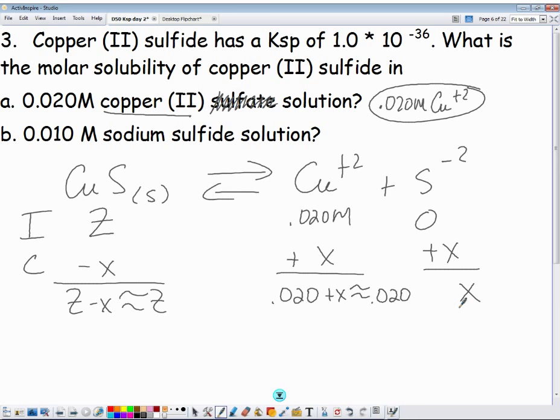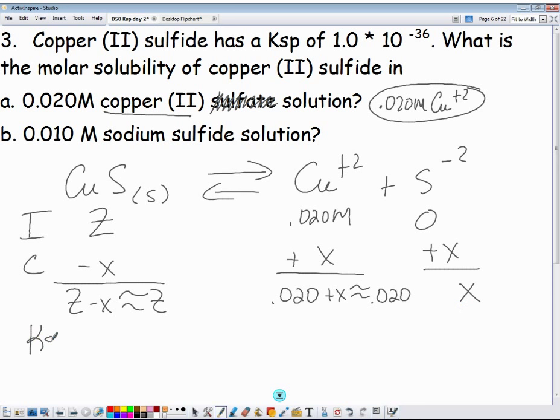Nyreek, if I try to take 0.02 and add 1 times 10 to the minus 18 to it, is it really going to change 0.02? So why don't I just make my life a little easier and ignore it? Math-wise, would you like that? Okay. So follow my yellow brick road. Follow what I'm doing. And do it too.